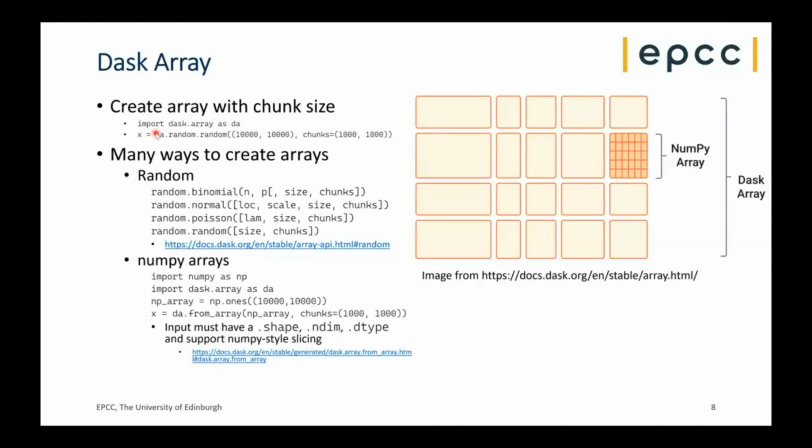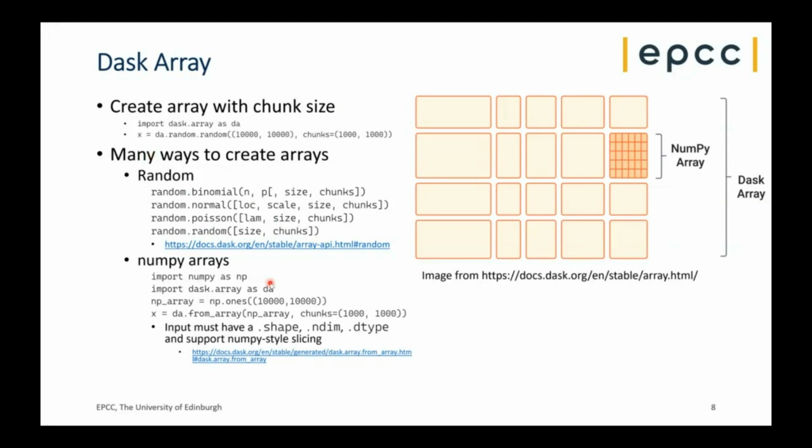So here we have import dask.array as da, x equals da.random.random, and then we create an array of 10,000 by 10,000 in chunks of 1,000 by 1,000. So this first bit here is very much like standard Python NumPy, but we've got some extra stuff here where we're telling Dask how we want it to split the data up into chunks. Okay, and so you can create random data or these kind of things.